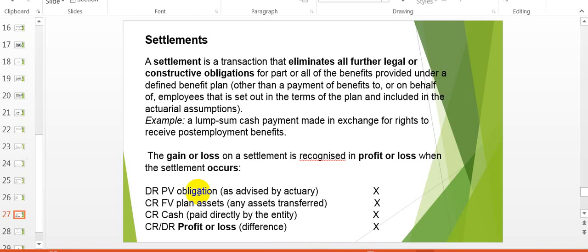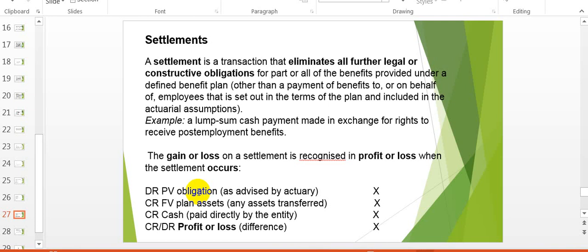This could be in a situation, for example, where the entity decides to terminate the pension plan. It negotiates with the employees to be paid off a one lump sum against their future rights. The entries that you'll be required to do in such a situation is to determine the gain or loss on settlement, which will be recognized in profit and loss.